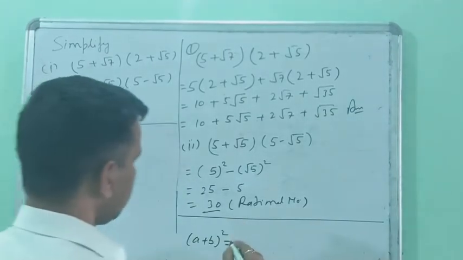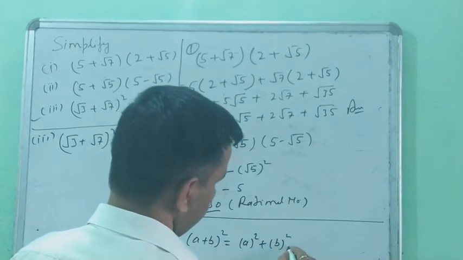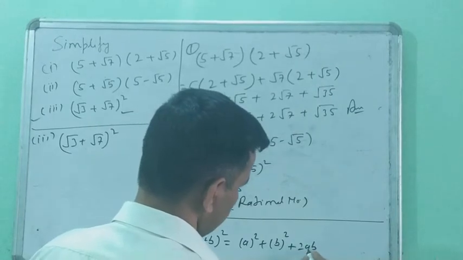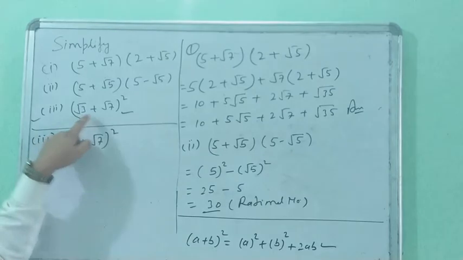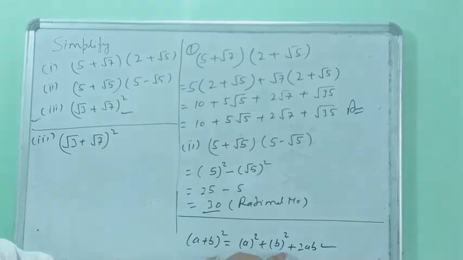Then the whole square is a square plus b square plus 2ab. You can use this identity, with a as root 3 and b as root 7. So a plus b whole square equals a square plus b square plus 2ab.